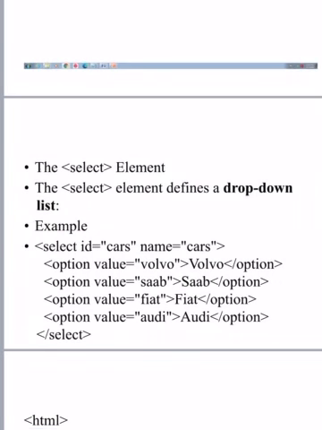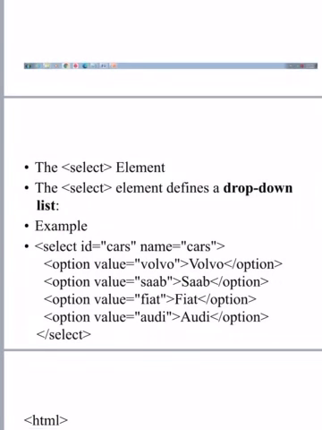Now we have another select element which defines a drop down list, so you can select multiple items in that. An example of the select element which we use in a form: select id is equal to cars, name is equal to cars, option. Option is another element of the form.